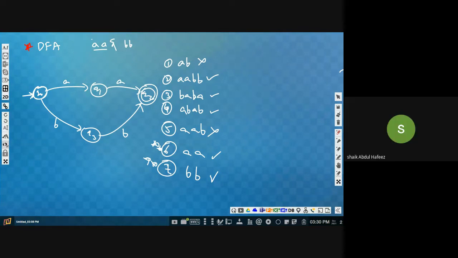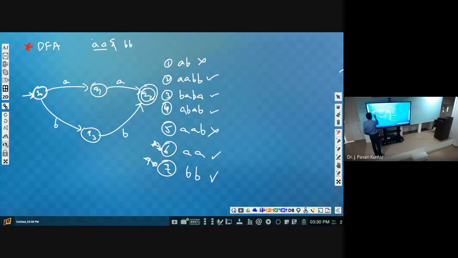We should go to the initial state. Let us say we reach from Q2 to Q naught. Now with 2 more A's, we can reach the final state. But how many A's are there? 5. Is it accepted? No, sir. So what can be done? Now you say.